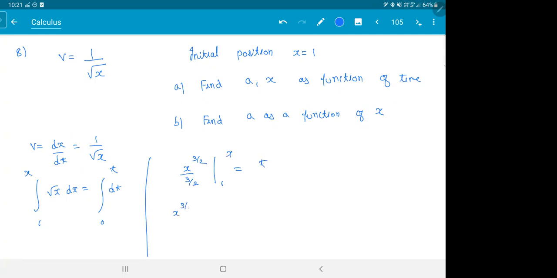So this is 2 by 3 into x power 3 by 2 minus 1 is t. So x power 3 by 2 minus 1 is 3t by 2. This is x as function of time.